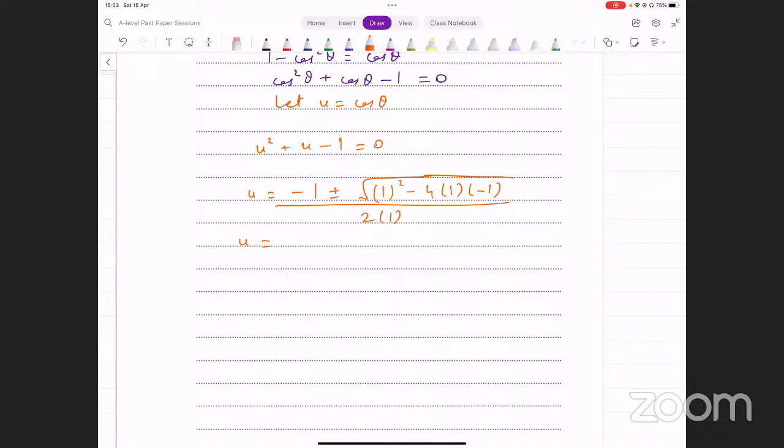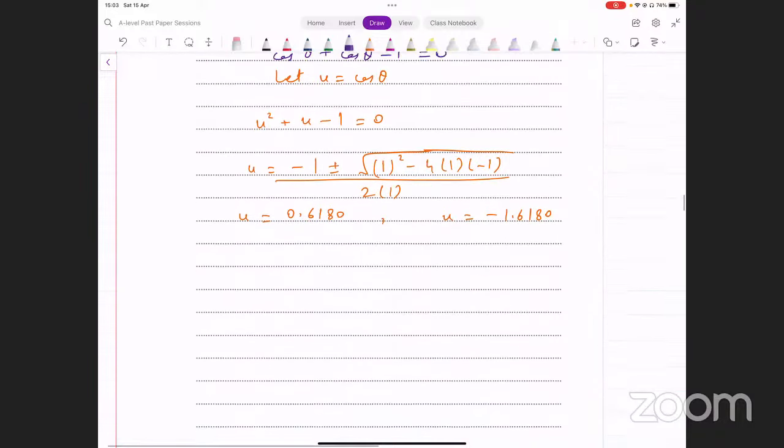Minus 1 plus square root of 1 plus 4, which is 5, then divided by 2. Okay, so this gives me 0.6180, and the other value of u turns out to be minus 1.6180. All right, so these are the two values of u that I'm getting.